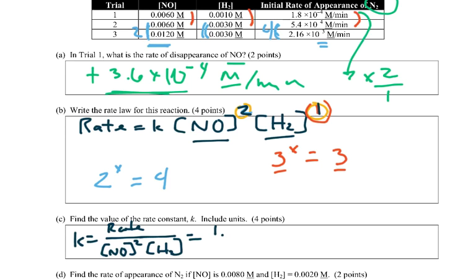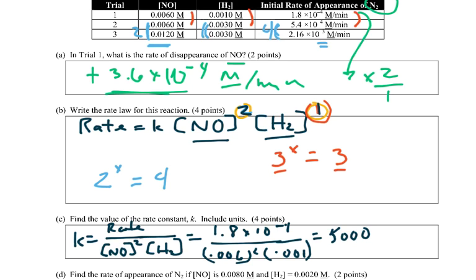So the rate is 1.8 times 10 to the negative 4 divided by concentration of NO, which is 0.006 squared, and H2 is 0.001 to the first power. That's going to come out to 5,000. Just use your calculator.